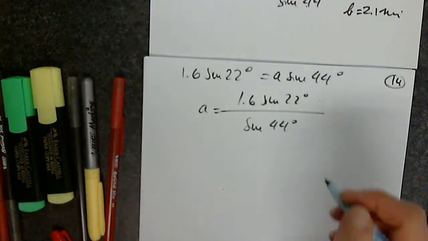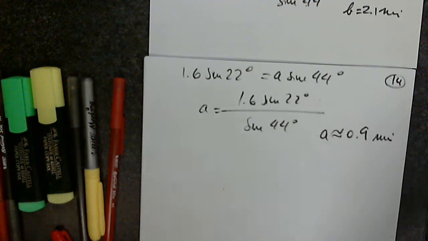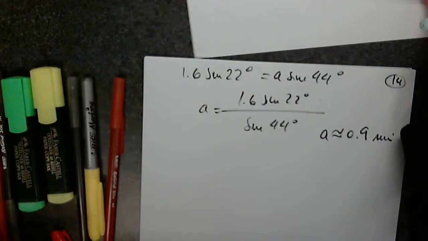How much is A approximately? 0.9 miles. Good. So now I have A.